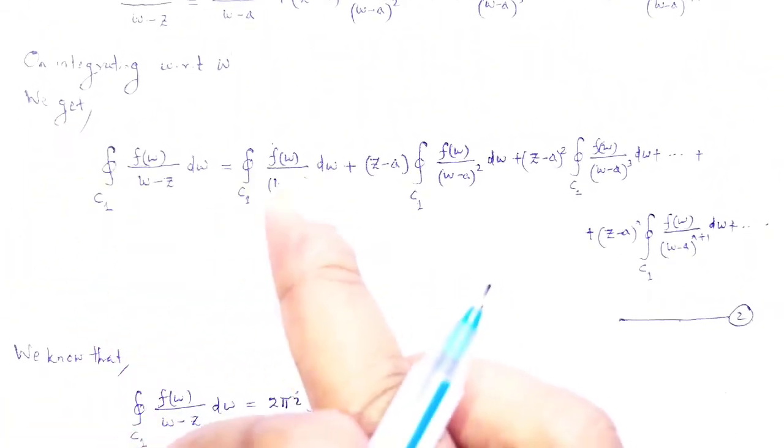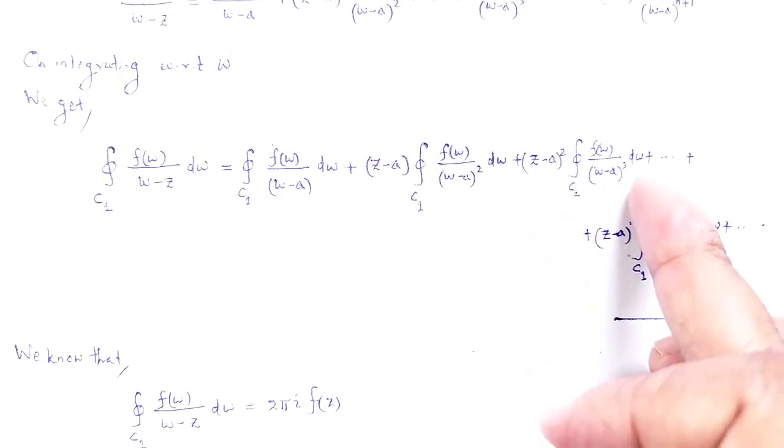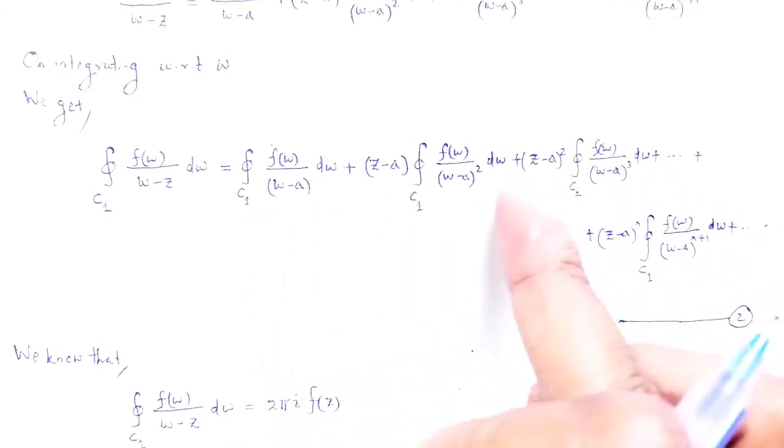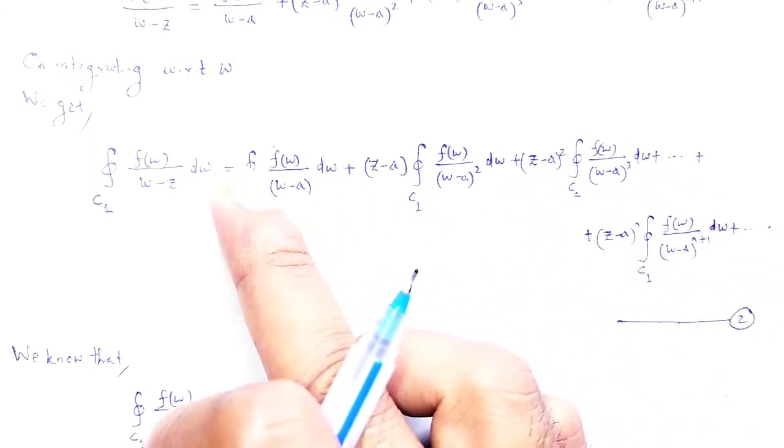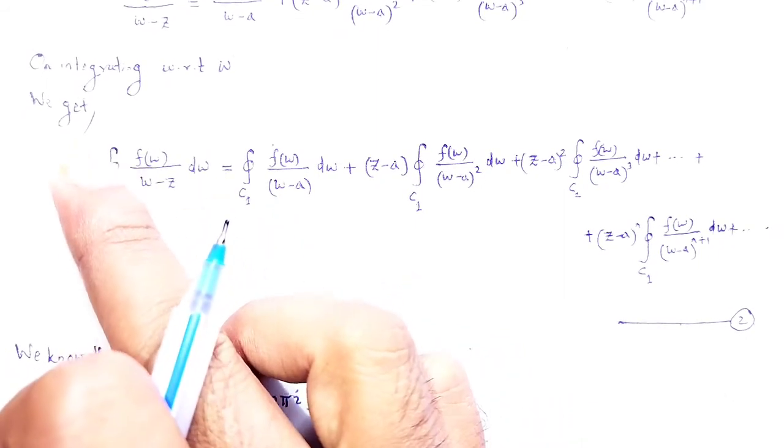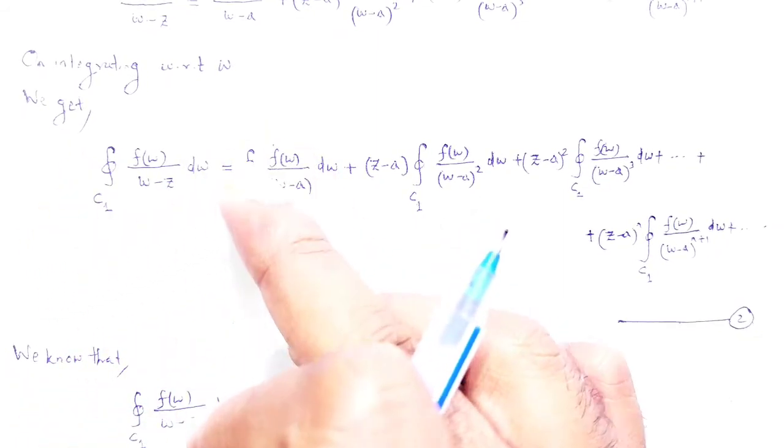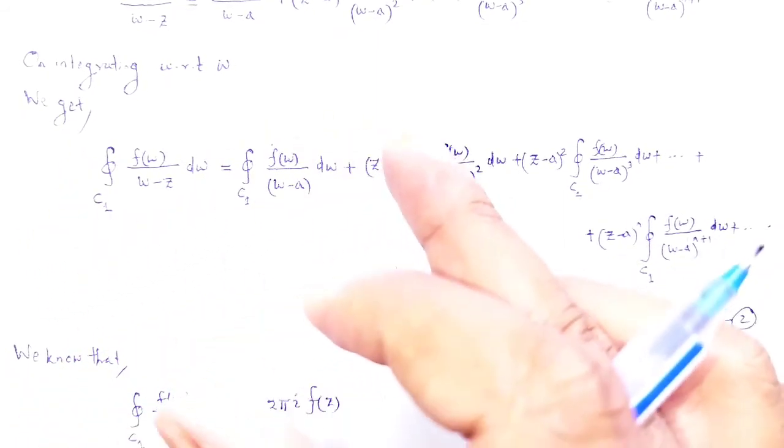here 2πi, and all these terms contain 2πi. On the RHS we take 2πi as common, and 2πi on the left hand side and 2πi on the RHS are cancelled out.